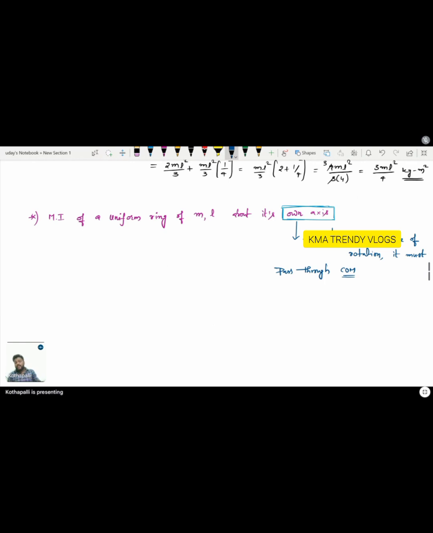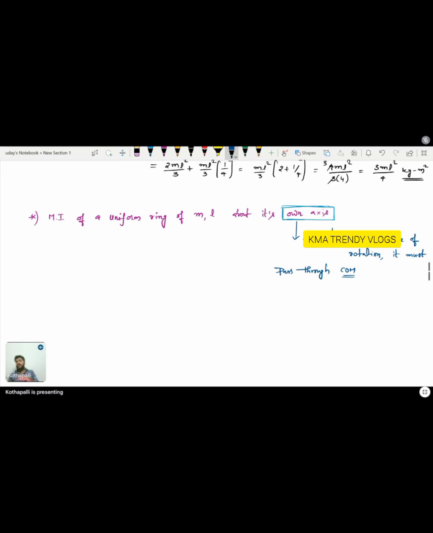Generally, the plane of rotation requirement is only valid for two-dimensional laminas, two-dimensional bodies like a ring, disc, plate or sheet. If you take a sphere, like a hollow sphere or solid sphere, every axis passing through the center of mass will be an own axis, because whatever the axis is, if it passes through the center of mass and the body rotates about it, that becomes the plane of rotation.